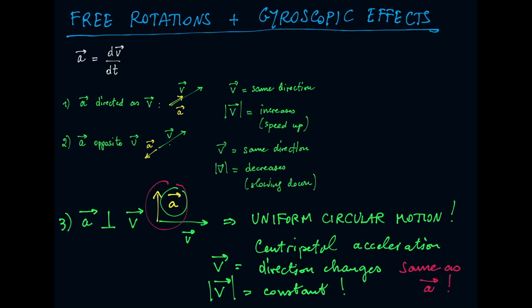So for example, if velocity is horizontal, but your acceleration is vertical, then one moment after that, your velocity will be pointing slightly upwards in the same direction. So the change of velocity is obviously parallel to acceleration. That's the whole point of acceleration.